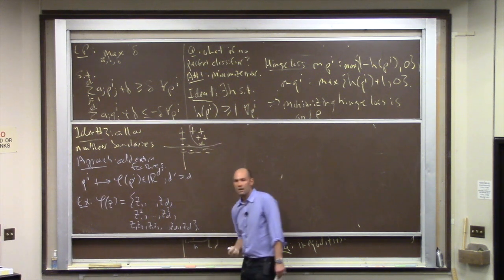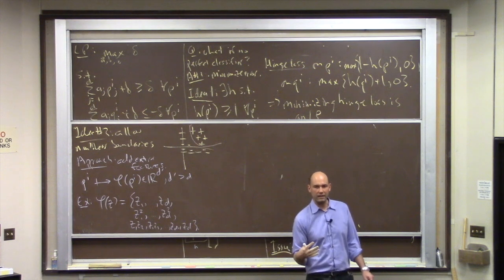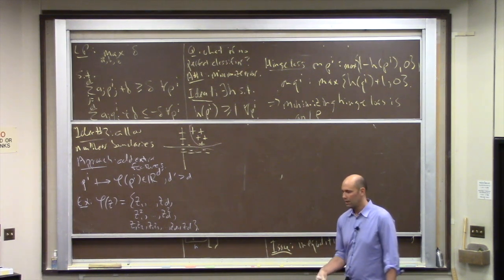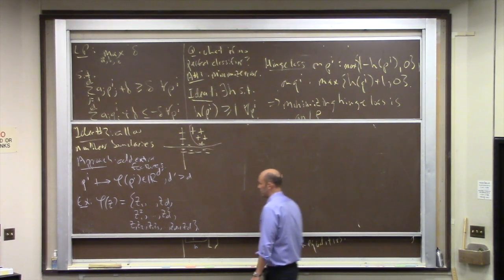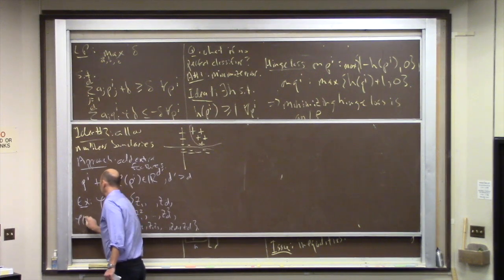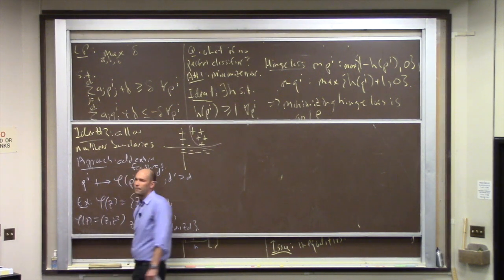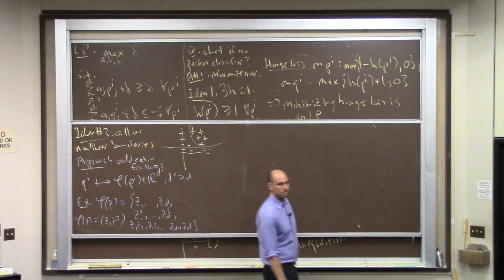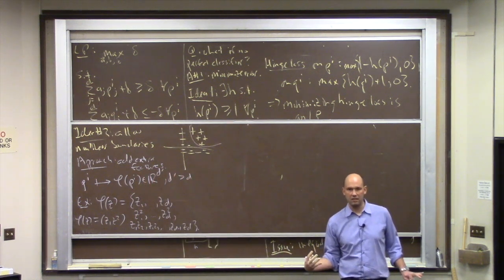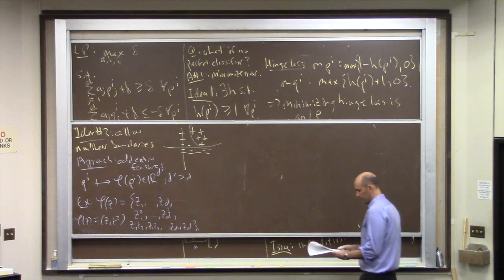Okay? And again, I encourage you to think about the D equal 1 case, where this is already interesting. When D equals 1, it just says phi of z is z, z squared, okay? So we kind of artificially inflated the dimension of each of the data points.